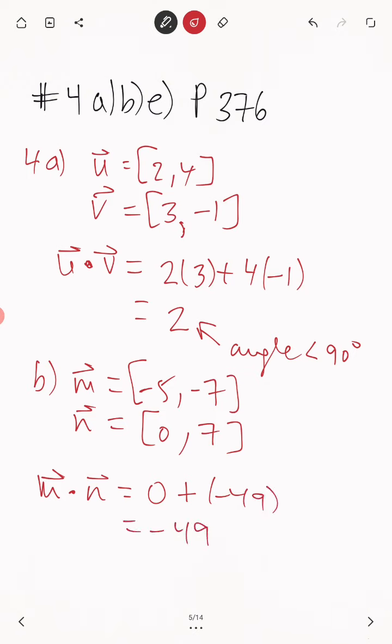And so the result is negative 49. And what does that tell us about vectors m and n? It tells us that the directional growth is being diminished by one vector from the other, and that the angle between them is greater than 90 degrees.